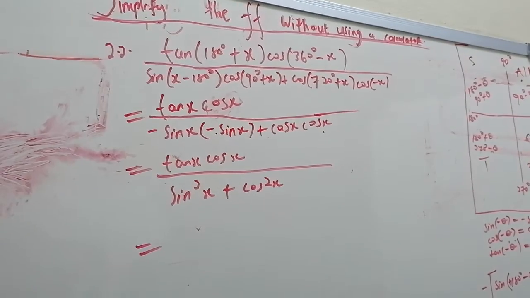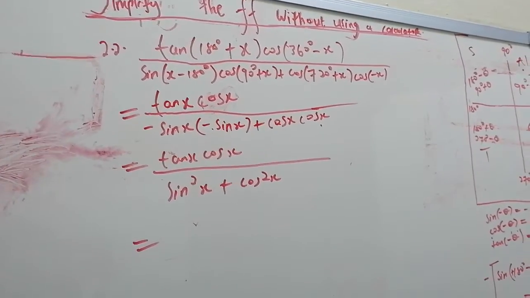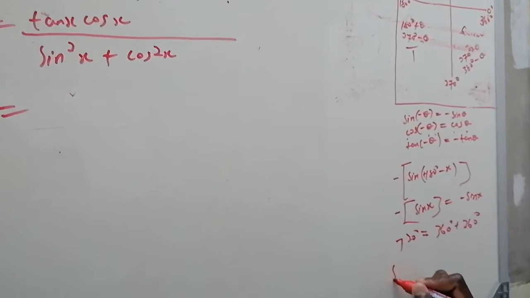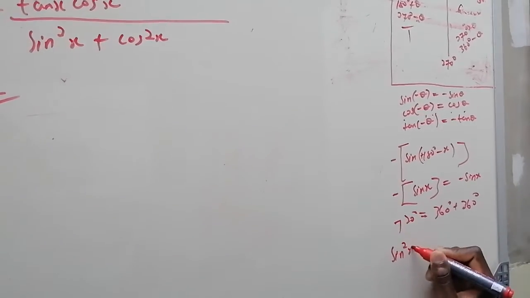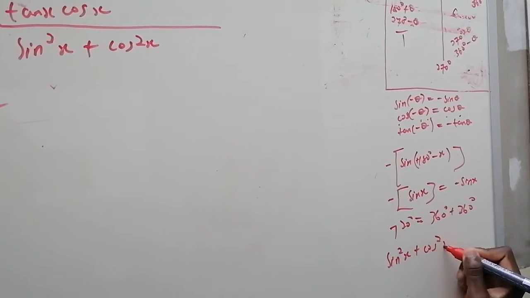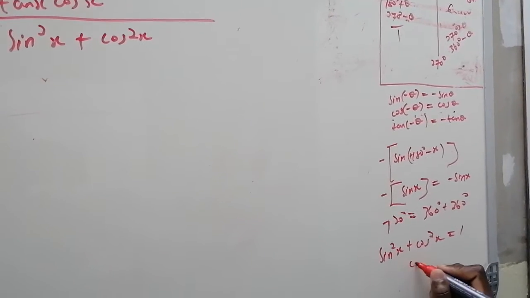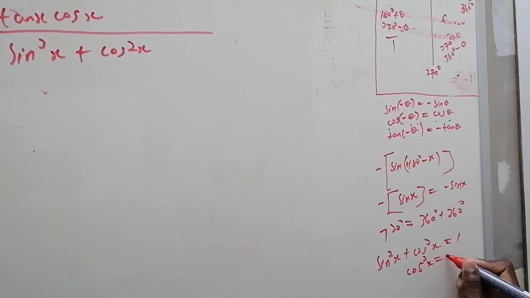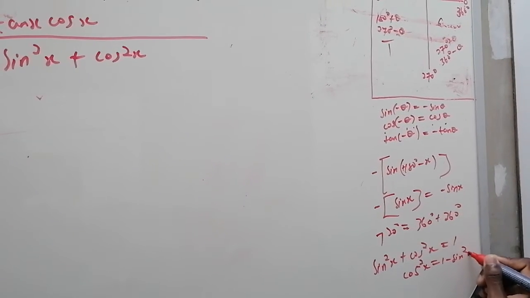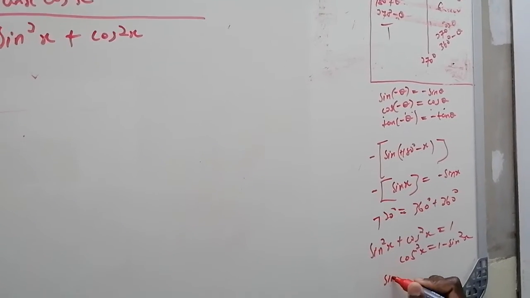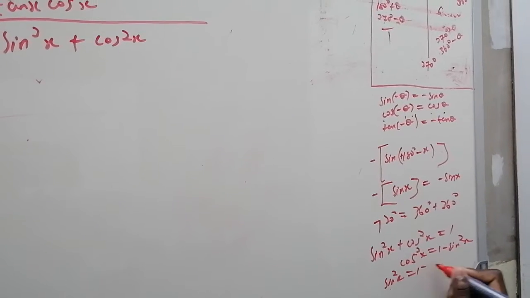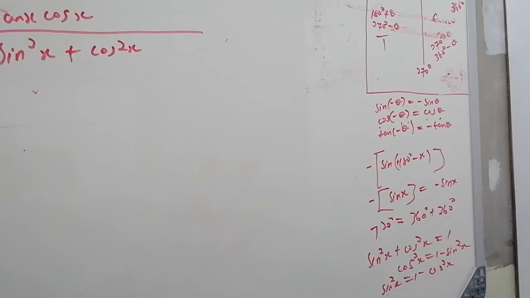Therefore, what you need to know is that there is a rule which says sine squared x plus cos squared x must always be equal to 1.